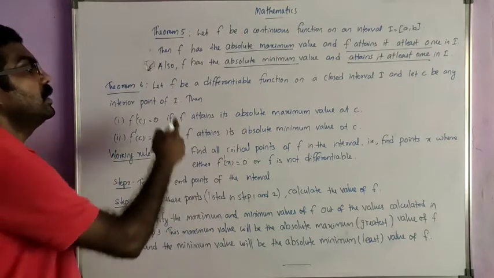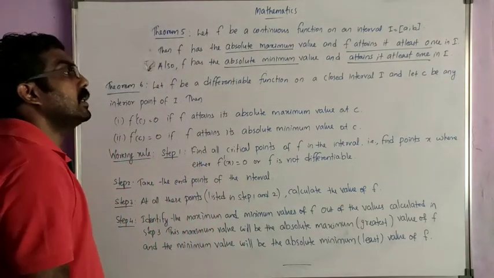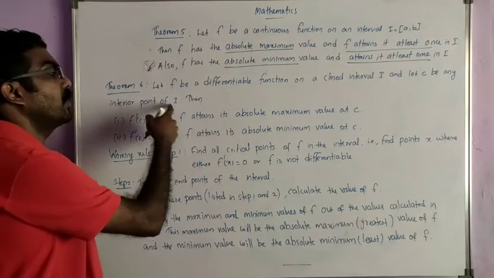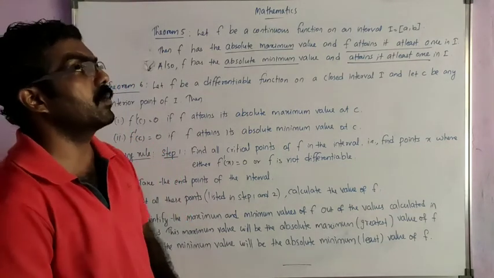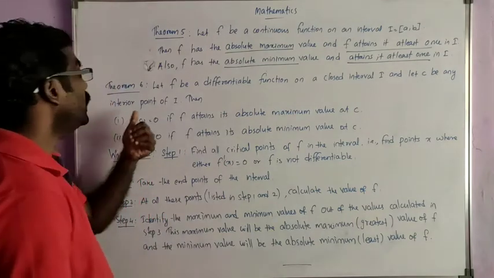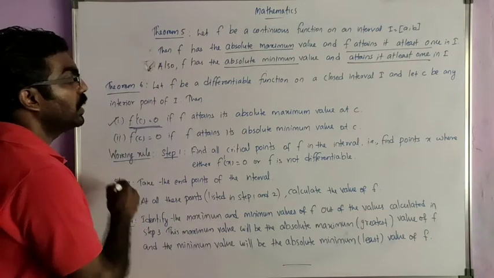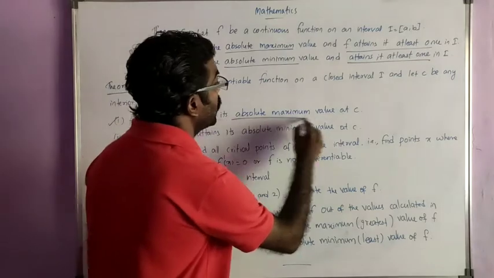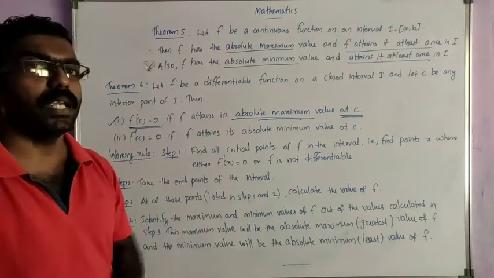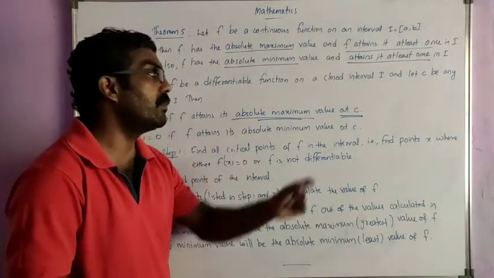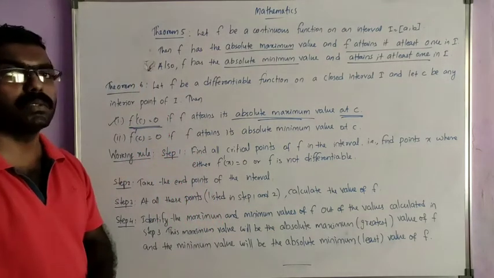Now the next theorem is, let f be a differentiable function on a closed interval I and let C be an interior point of I. Then f dash of C equal to 0 if f attains its absolute maximum value at the point C. If f attains its absolute maximum value at x equal to C, then what happens? f dash of C will be equal to 0.